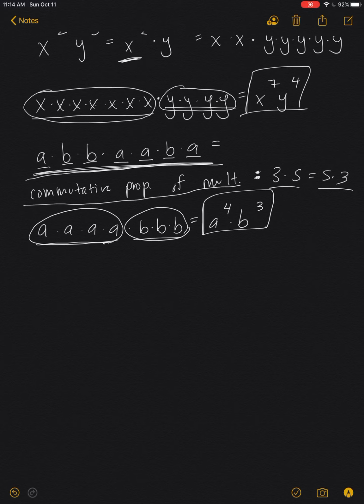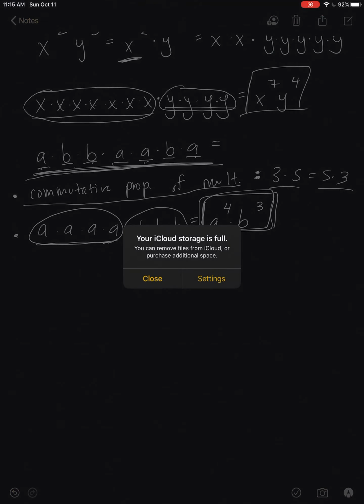Right, so that's one example of the commutative property. You might just do it in your head. Totally fine. You don't need to put them all next to each other like I did here. Maybe you just count the a's. Oh, I've got 4 a's. I've got 3 b's. But just know that in essence, you have done the commutative property. You just did it in your head to get to your answer.